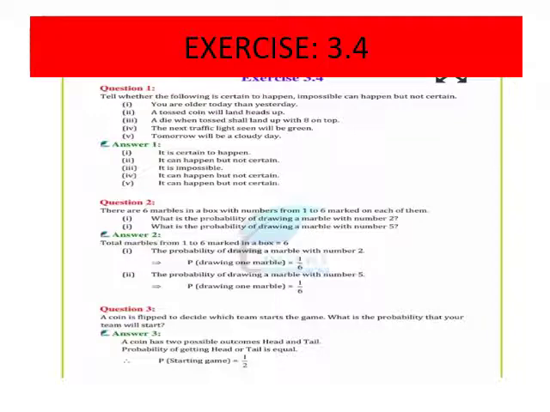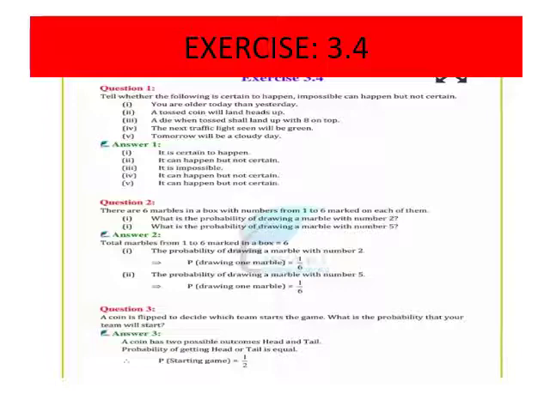There is only one marble which has number 2 on it. So the probability of getting a marble with number 2 is 1 upon 6. Total are 6, so there is only one chance to get this number 2.